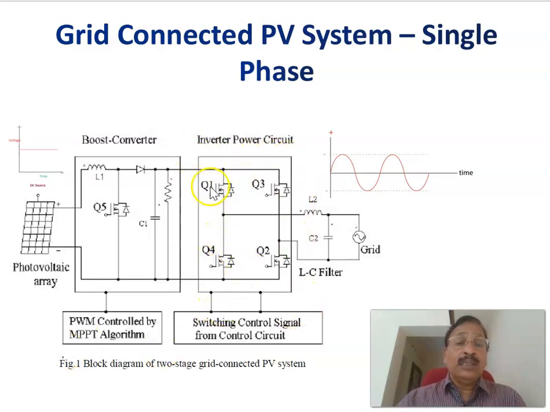By controlling these switches, you can have a sinusoidal output here. After filtering with an LC filter, you have a sinusoidal output that is connected to the grid. Therefore, the power flow from the DC source, the solar panel, into the AC grid can be controlled by controlling the inverter.